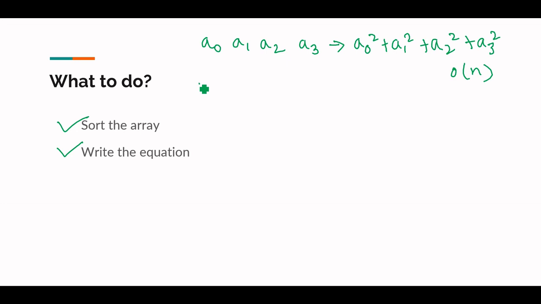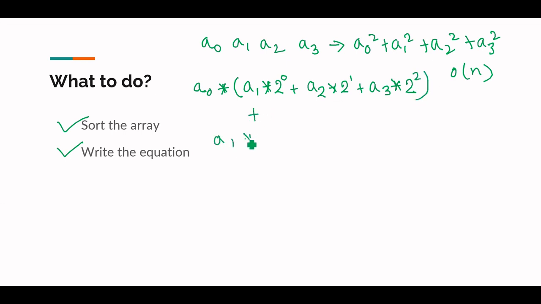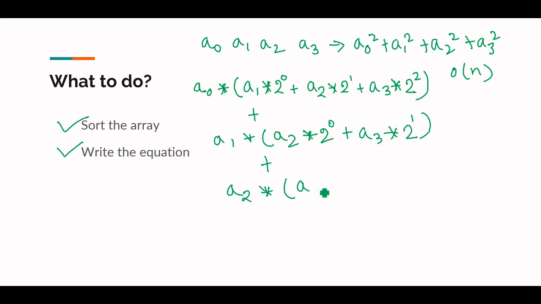Now for a0 our thing will be a0 cross a1 cross 2 to the power 0 plus a2 cross 2 to the power 1 plus a3 cross 2 to the power 2, plus, now for a1 our thing will be a1 cross a2 into 2 to the power 0 plus a3 into 2 to the power 1, plus a2 cross a3 into 2 to the power 0.